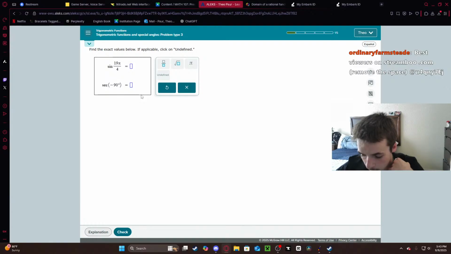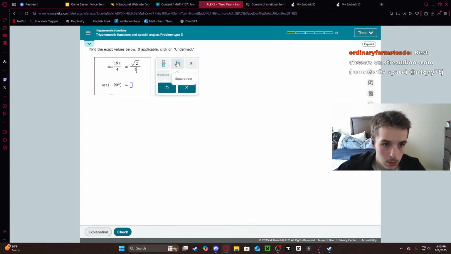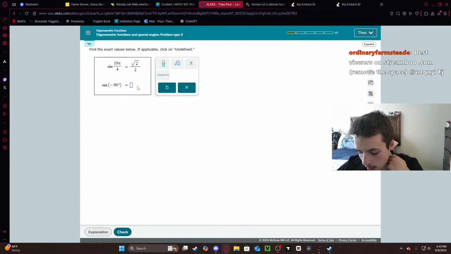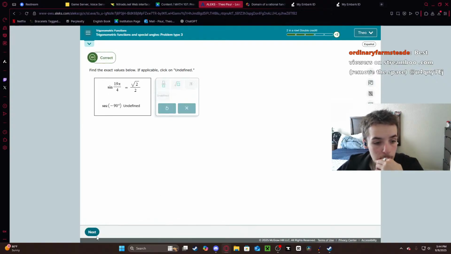And the sine would be square root 2 over 2. And the secant of -90, secant is 1 over cos. -90 means we go backwards. 1 over 0 is undefined. Check. Fuck yeah, double credit.